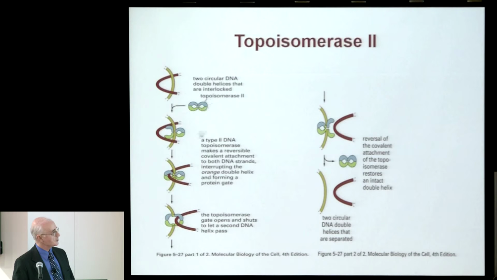What topoisomerase 2 does is it comes and removes this yellow one, or orange one, whatever you can see with your eyes. I call it orange, somebody calls it yellow, anyway. You can see it comes and cleaves this. So when it cleaves, you can see this portion is open, and this red part becomes completely free.